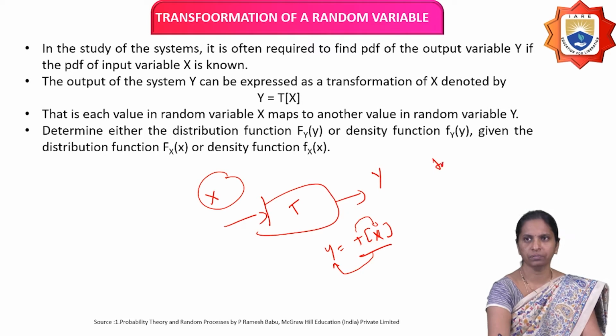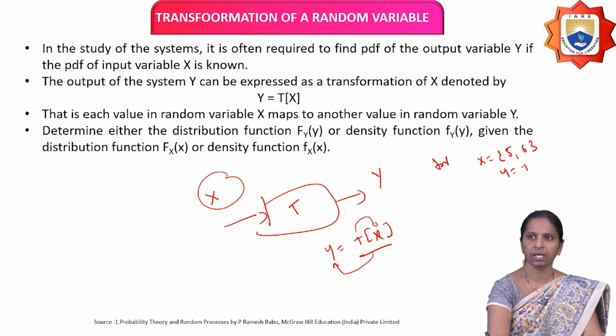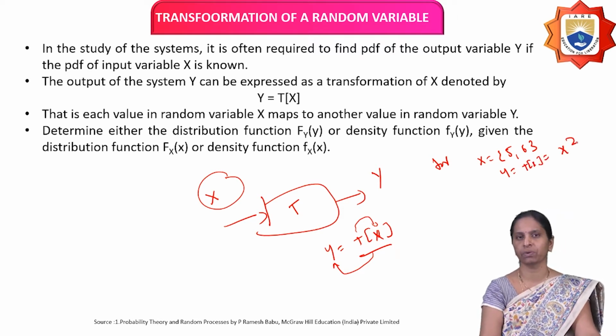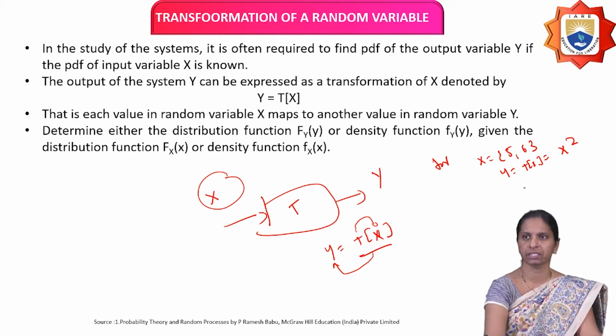For example, the random variable x has some values like 5 and 6. Let us say it is a discrete random variable and I am transforming it such that I am squaring the values in the random variable x. Then what are the y values? 5 squared is 25 and 6 squared is 36.